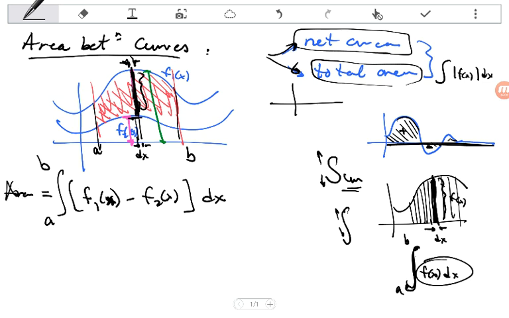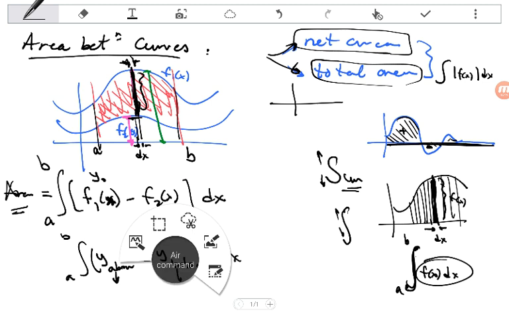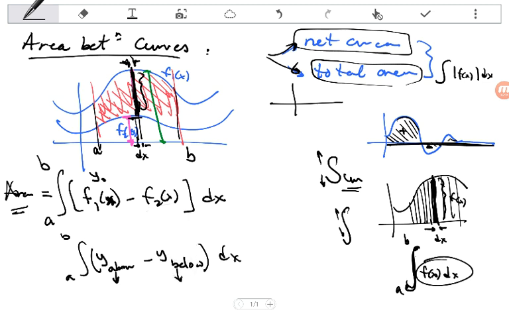This is the area between two curves, which we can call y1, the integration from a to b of y above minus y below, dx. And when I say dx, it means that we must express both these functions in terms of x.